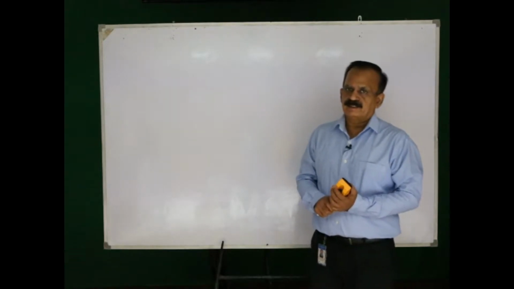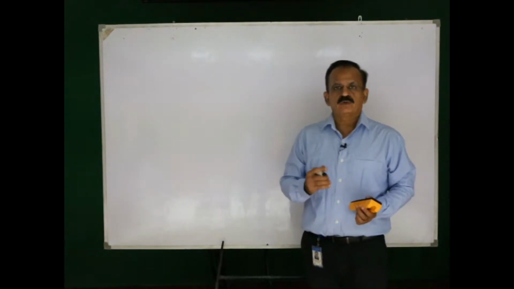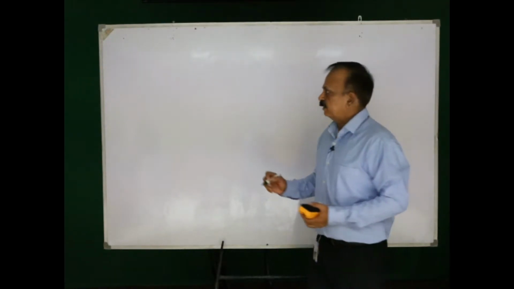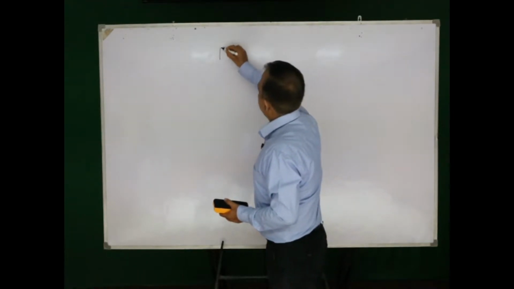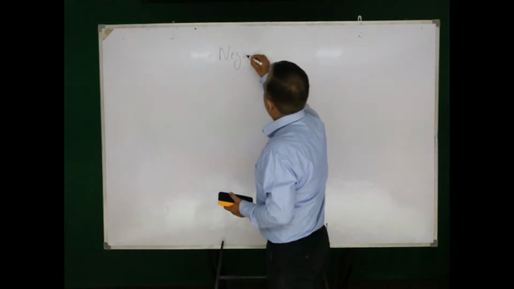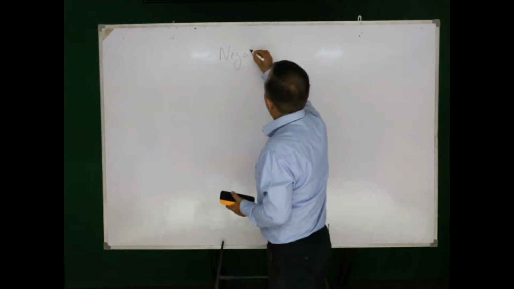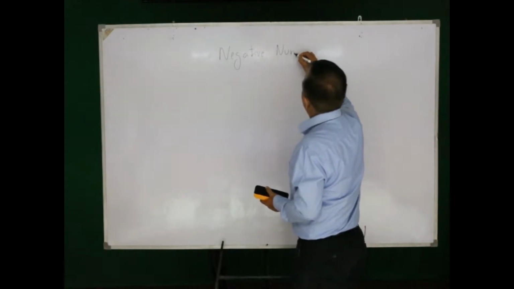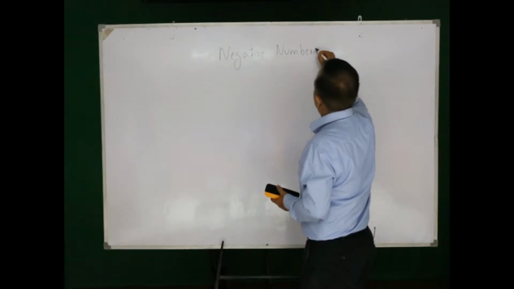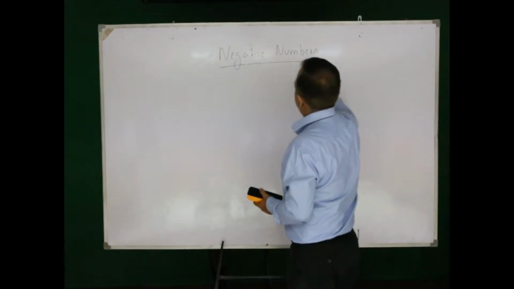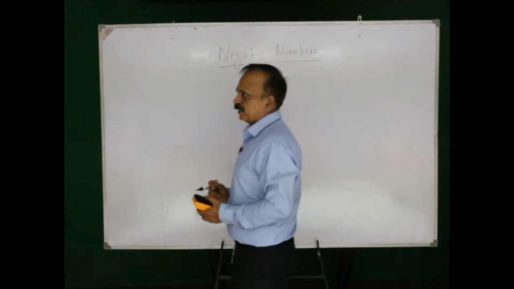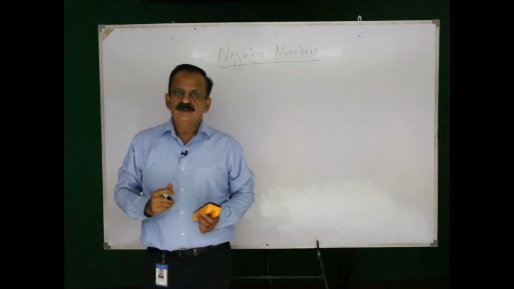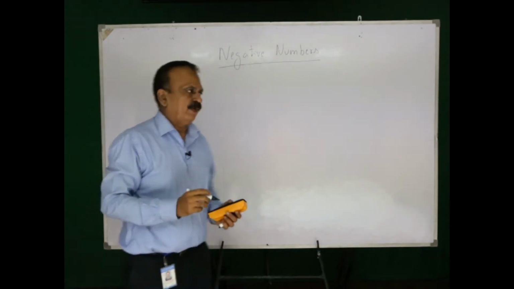So, the first thing is how negative numbers are stored in computer's memory. This is my first point to discuss, that is negative number representation. How the negative numbers are represented in computer's memory. Negative numbers are represented in computer's memory by using three different methods.